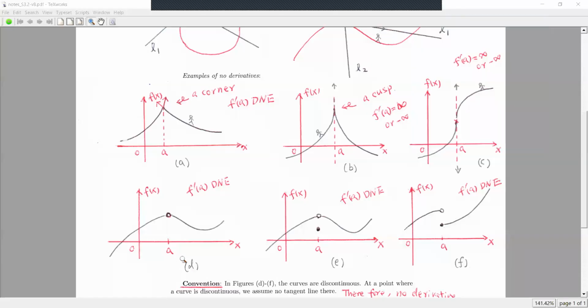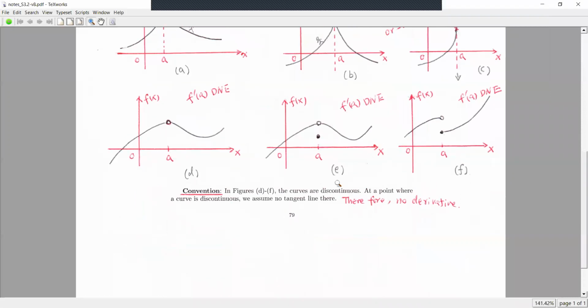In figures number D, E, and F, the functions are not continuous at a point A. It is a convention: at a point where a curve is not continuous, we assume no tangent line there.